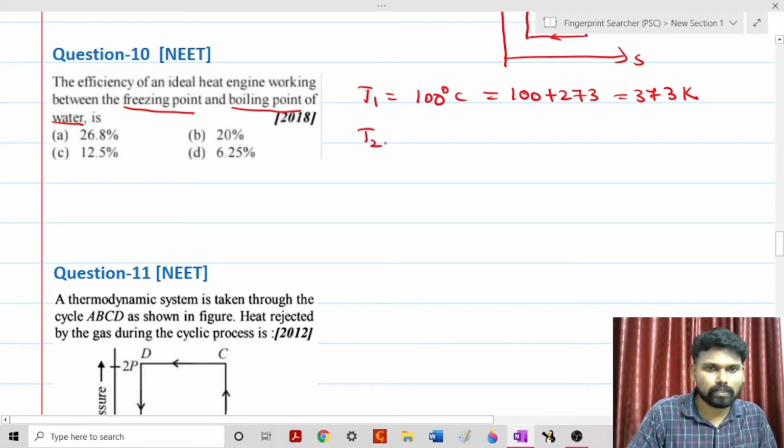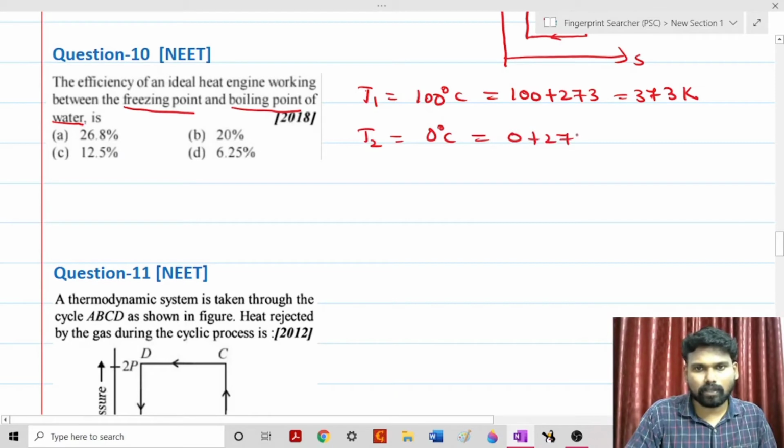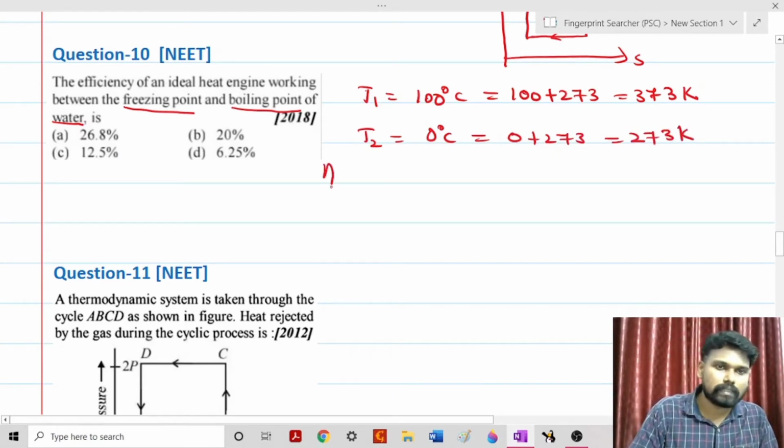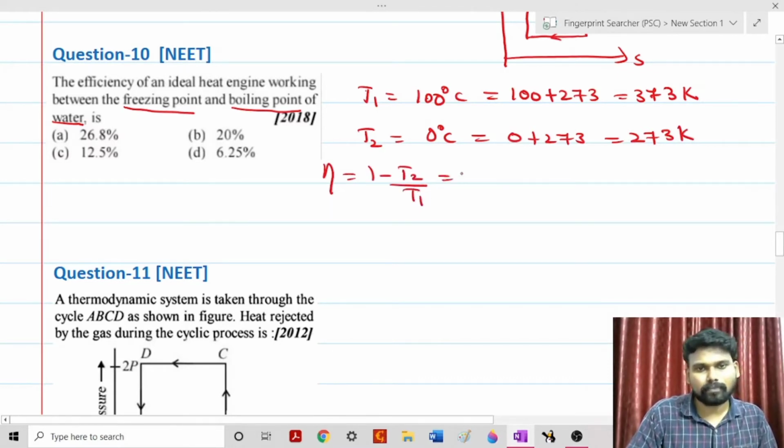What is the sink temperature? It is the freezing point of water, 0 degrees Celsius. So 0 plus 273 is equal to 273 itself. So what will be the efficiency? It is 1 minus T2 by T1. T2 is 273, divided by T1, 373.